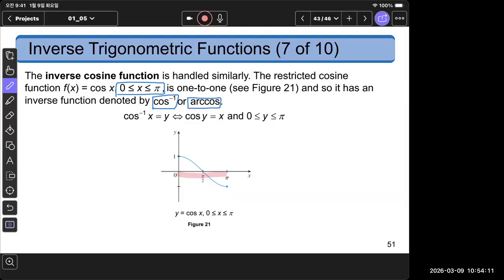The arc cosine of x equals y is interpreted in this sense: cosine y equals x. Since cosine is not usually one-to-one, this y will be restricted to a value between 0 and pi. That's what arc cosine of x equals y implies.